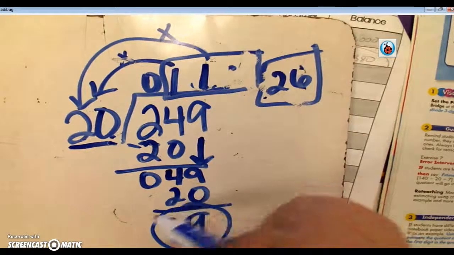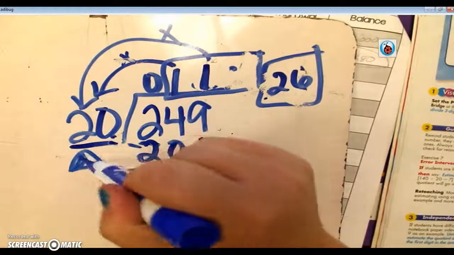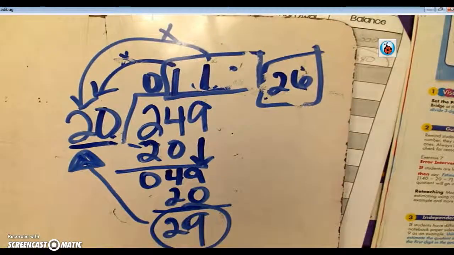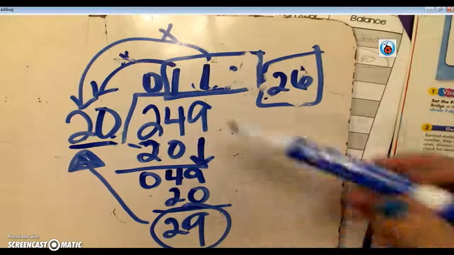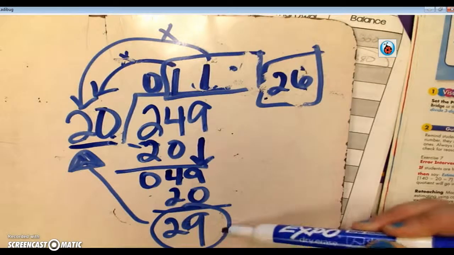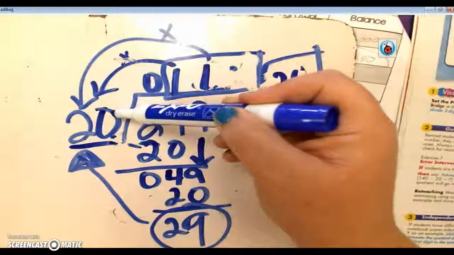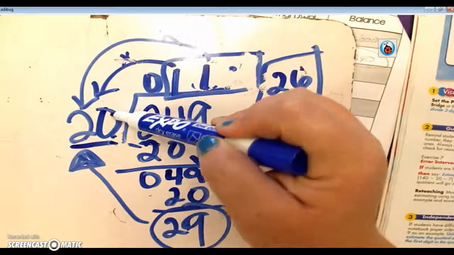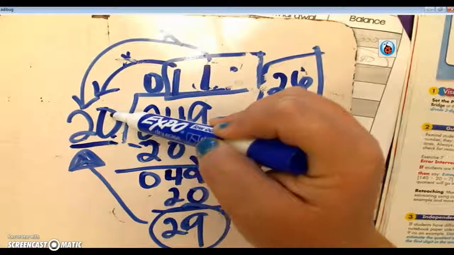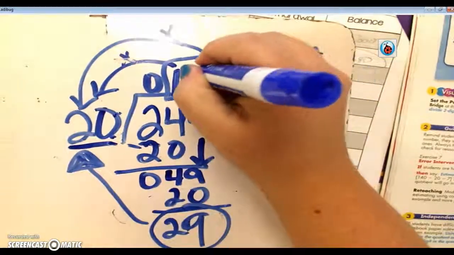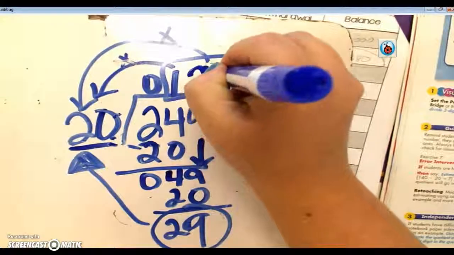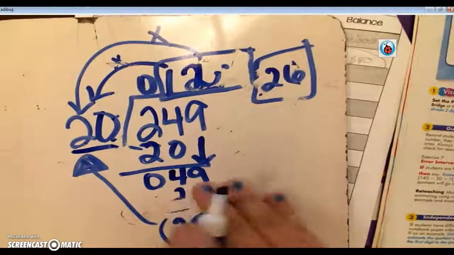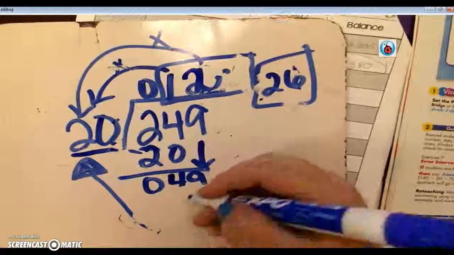This remainder can never, ever be bigger than my divisor. If you ever get a remainder that is bigger than your divisor, you know you made a mistake. Okay? And usually that means that this math was off and it just goes in there one more time. Does that make sense?